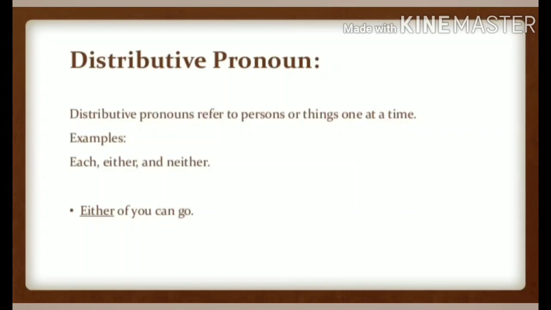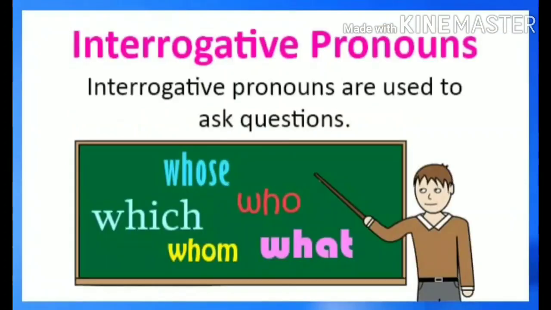Like, if in the classroom I have 50 students, if I want to call or tell something to everyone, I'll be using distributive pronoun there. Either, neither, each, etc. are some of the examples of distributive pronoun. Keep this in mind that it will always be treated as singular and followed by a singular noun and a verb only.